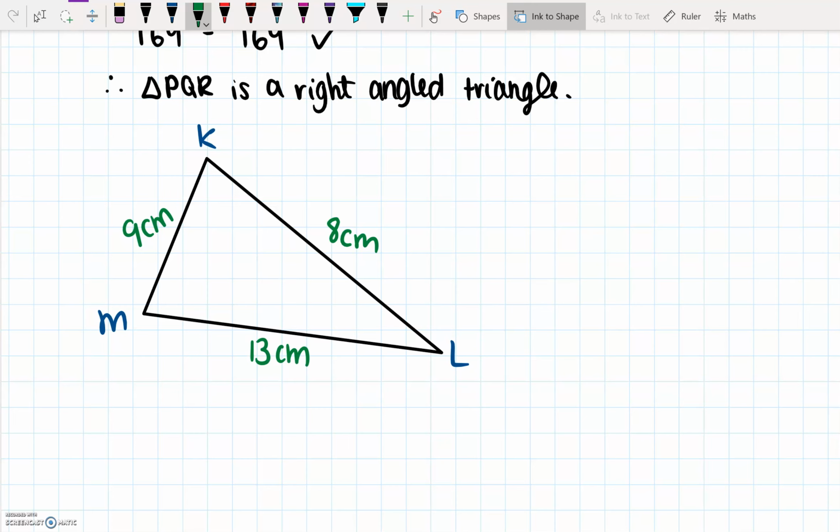Again, let's start by labeling our sides. Opposite angle K is side K, opposite angle L is side L, and opposite angle M is side M. In this case, the longest side is going to be our hypotenuse, and that's this one here, so that's side K.